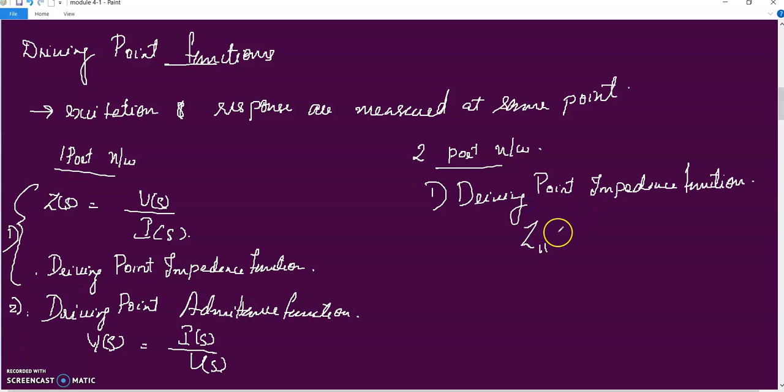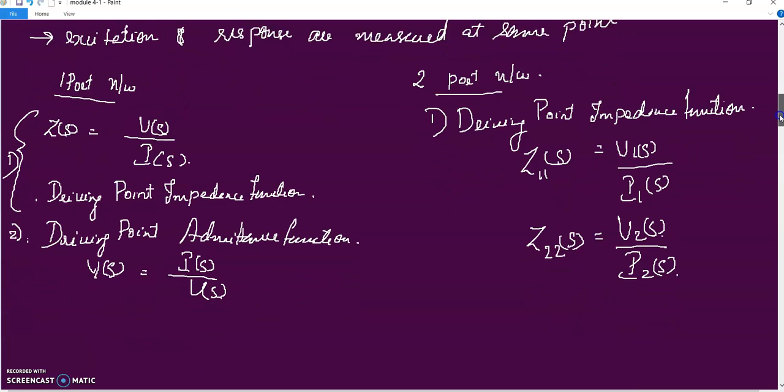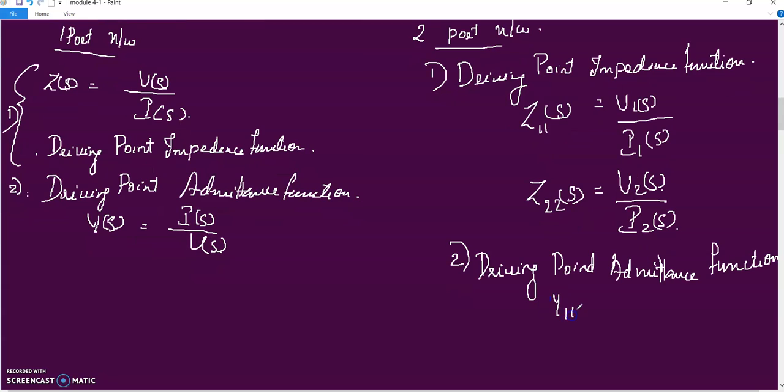For the first port, Z11 of S is equal to V1 of S by I1 of S. And for the second port, Z22 of S is equal to V2 of S by I2 of S. Next, driving point admittance function for a two-port network, that is Y11 of S is equal to I1 of S by V1 of S, and Y22 of S is equal to I2 of S by V2 of S.